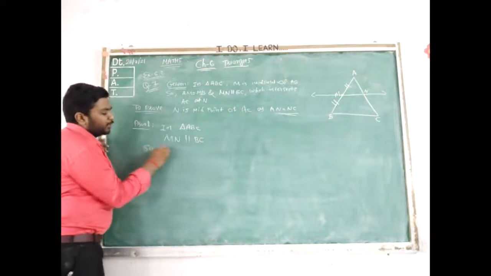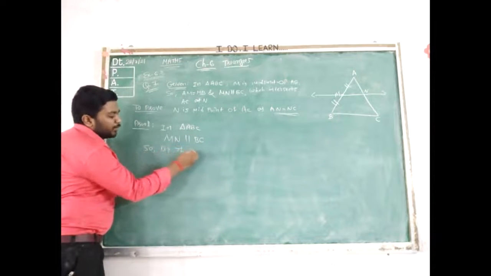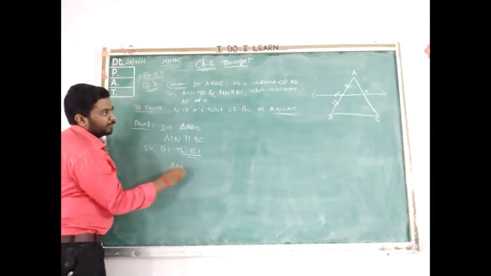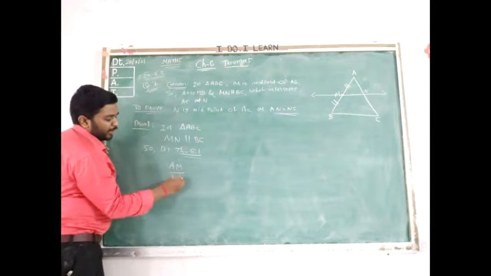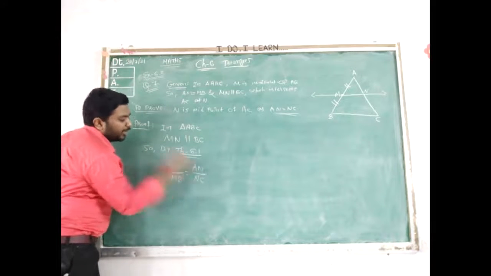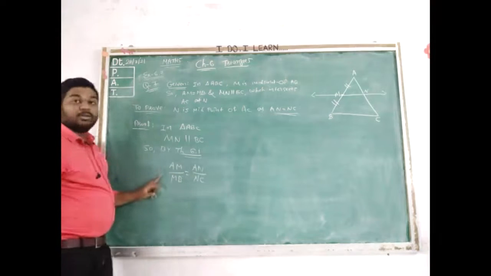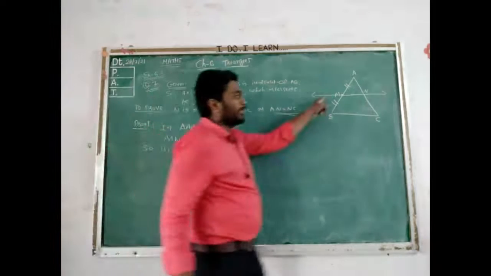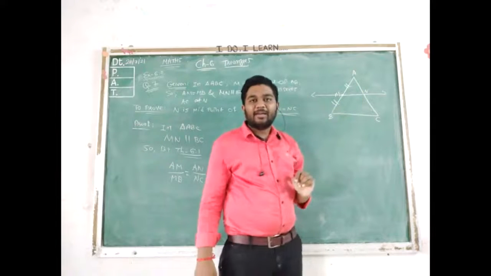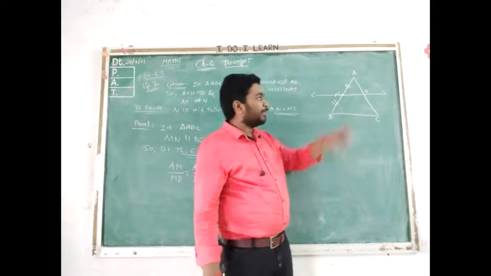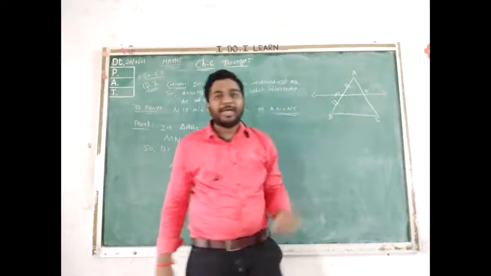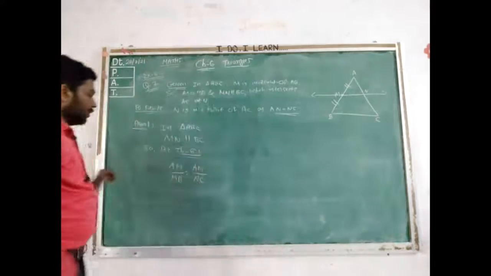So by theorem 6.1, I can write AM upon MB is equal to AN upon NC. If a line is parallel to one side and intersects the other two sides, then it divides them in the same ratio. So AM upon MB is equal to AN upon NC.